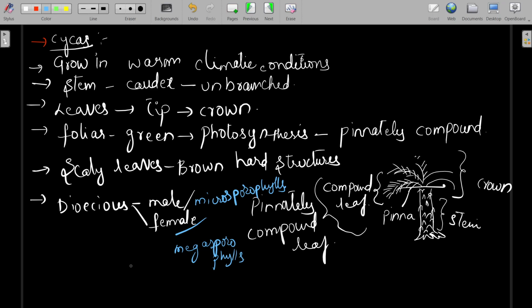In cycas, the females have no cones, so no cone formation is seen in females. These microsporophylls are formed on the male tree, and these megasporophylls are formed on the female tree.